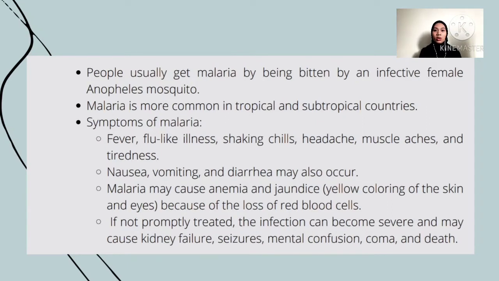Malaria may cause anemia and jaundice, or yellow color of skin and eyes, because of the loss of red blood cells. If not promptly treated, the infection can become severe and may cause kidney failure, mental confusion, coma, and death.